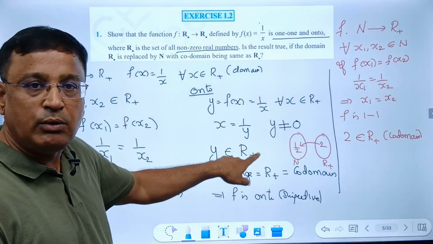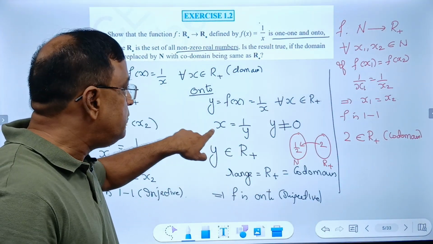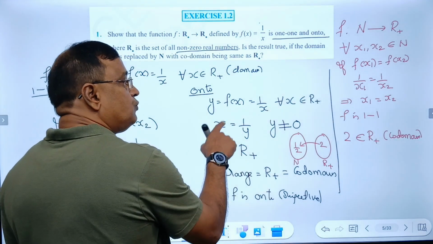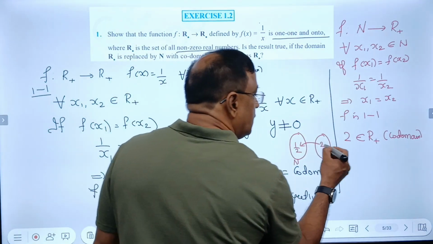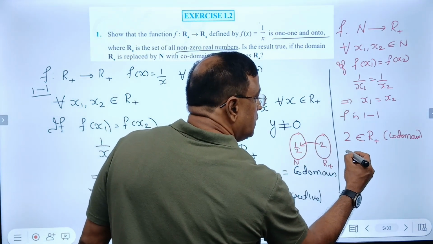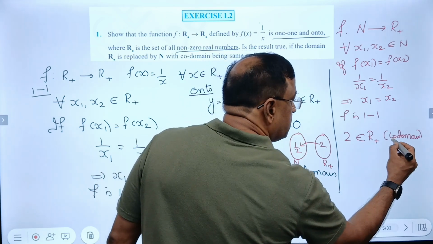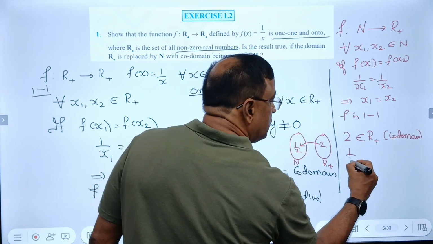X is equal to 1 by y means y equals 1 by x. So when x is 1 by y, if it is 2, what will be the value of y? So here clearly 2 belongs to R plus, then 1 by 2.